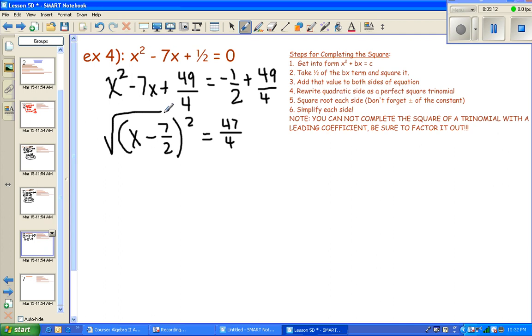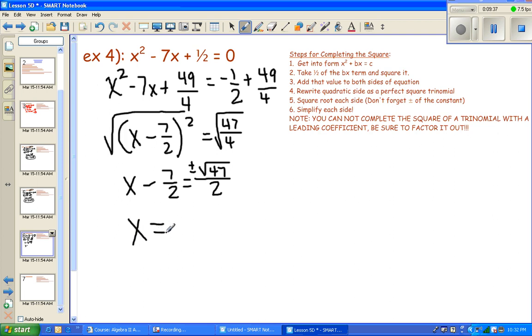I want to get rid of that square, so I'm going to take the square root. I get x minus 7 halves equals the square root of 47. Remember, it's plus or minus over 2, because the square root of 47 I can't do anything with, but the square root of 4 gives me 2.